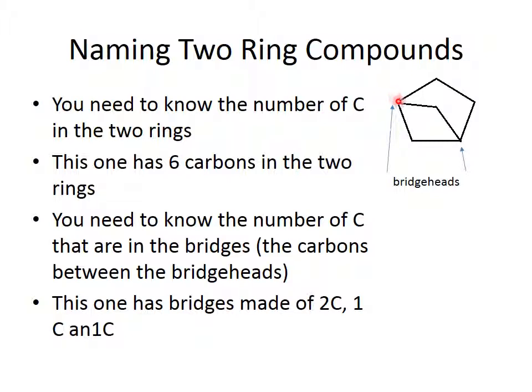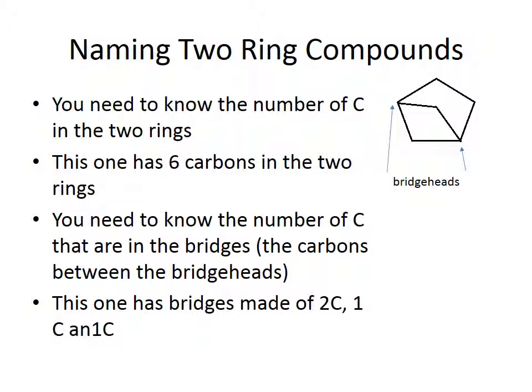The bridgeheads are the carbons that are in common to both rings. The bridges are the carbons that go from one bridgehead to the other. So there's one bridge that has 2 carbons in it, one bridge that has 1 carbon, and another bridge that has 1 carbon. So I actually will say there's a 2, 1, and 1 bridge in this compound.